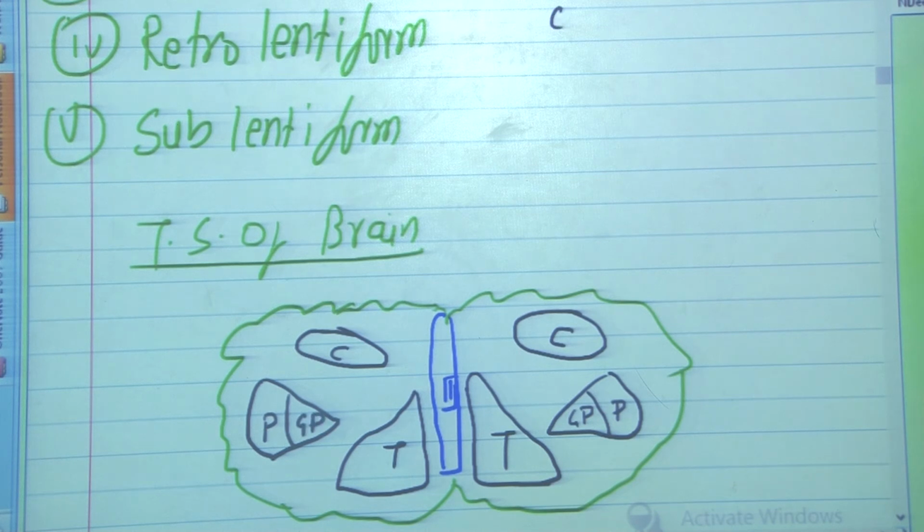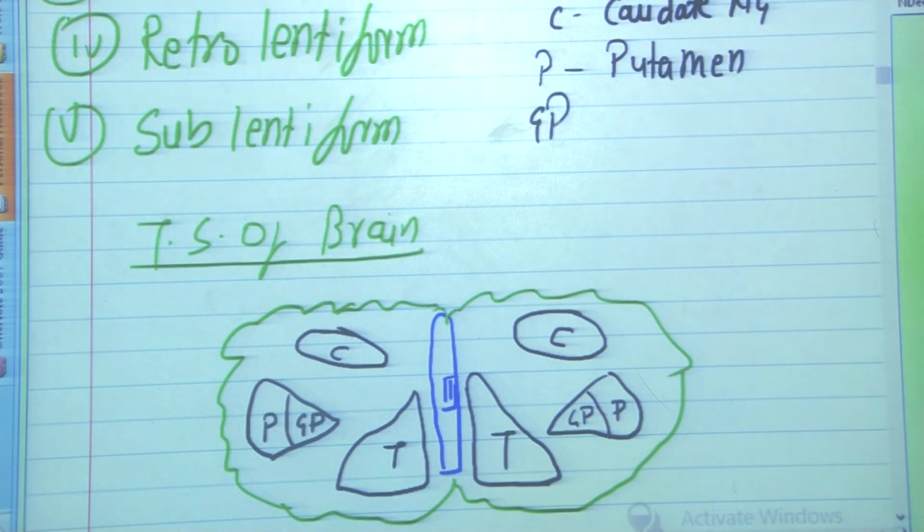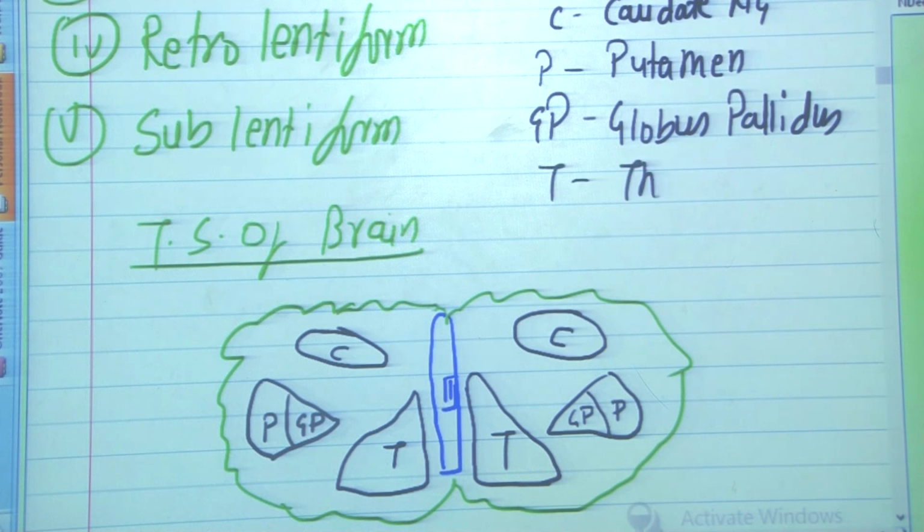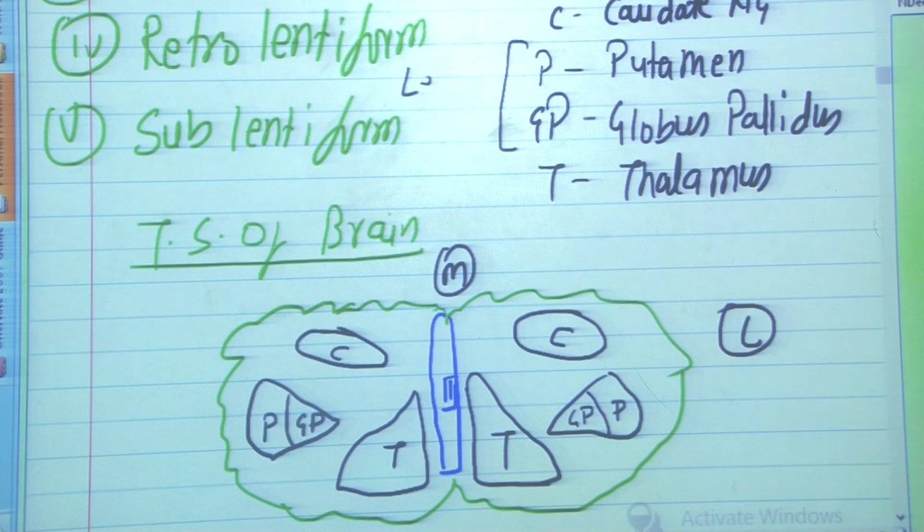I am writing C for caudate nucleus, P for putamen, GP for globus pallidus, and T for thalamus. This is the midline and this is lateral. These two nuclei, putamen and globus pallidus, are combinedly known as lentiform nucleus.